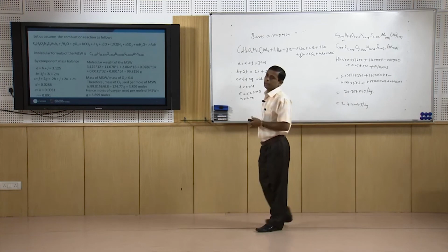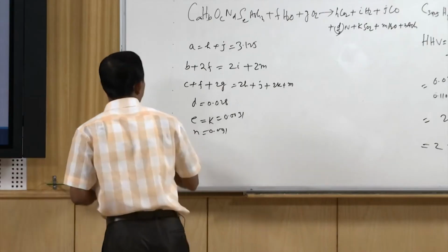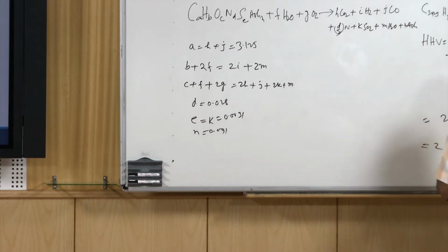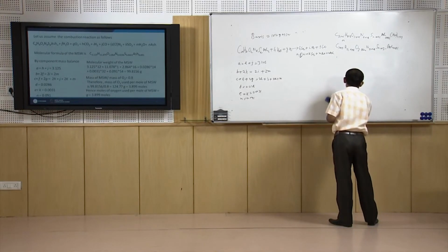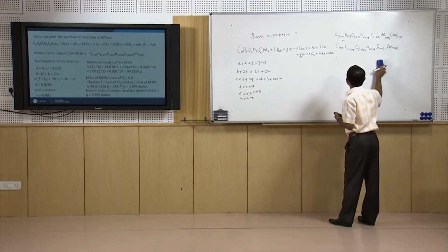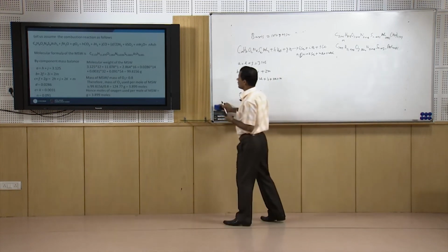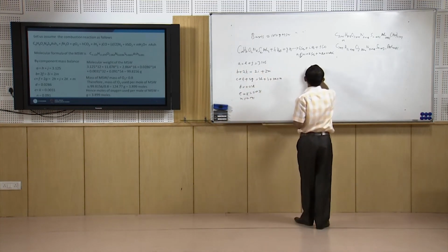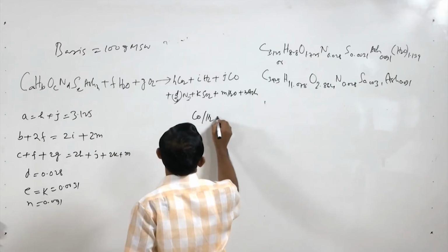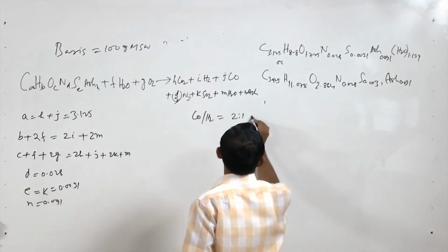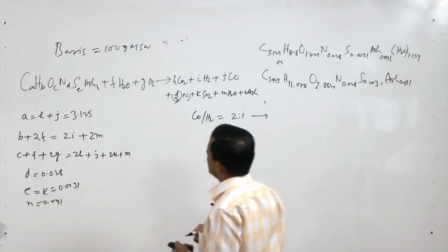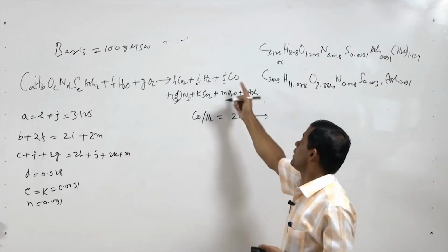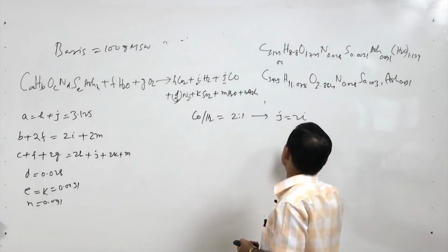Another condition is given: the CO and H2 ratio in the syngas. That ratio is CO to H2 equal to 2 to 1 in syngas. So, that gives us a relationship between i and j: j is equal to 2i.